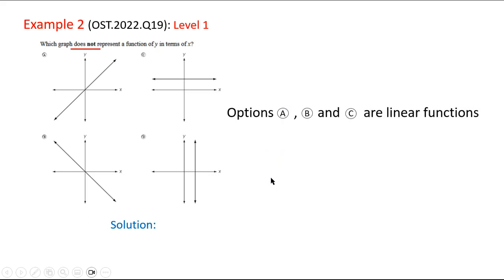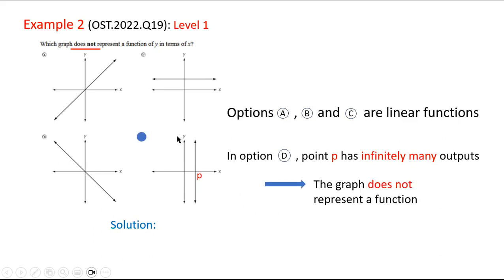So A, B, and C are linear functions, so they do represent functions. If you look at D here, look at this point P. This point P has an infinite number of images, an infinite number of numbers assigned to point P as an output, and therefore this graph does not represent a function.